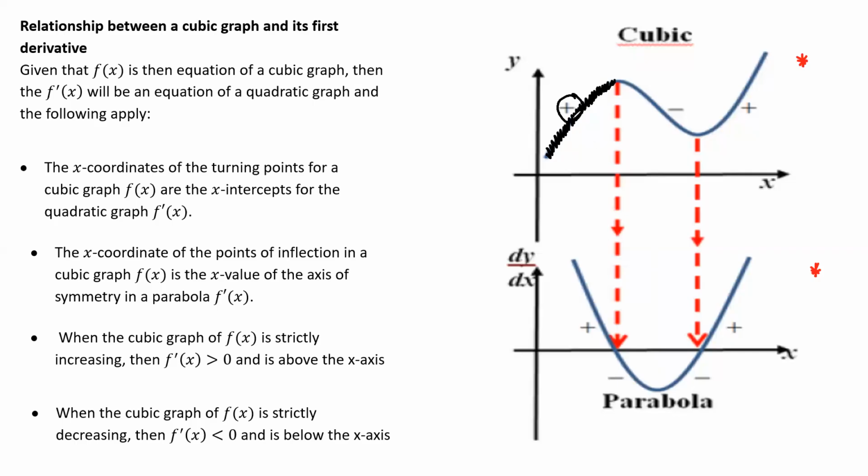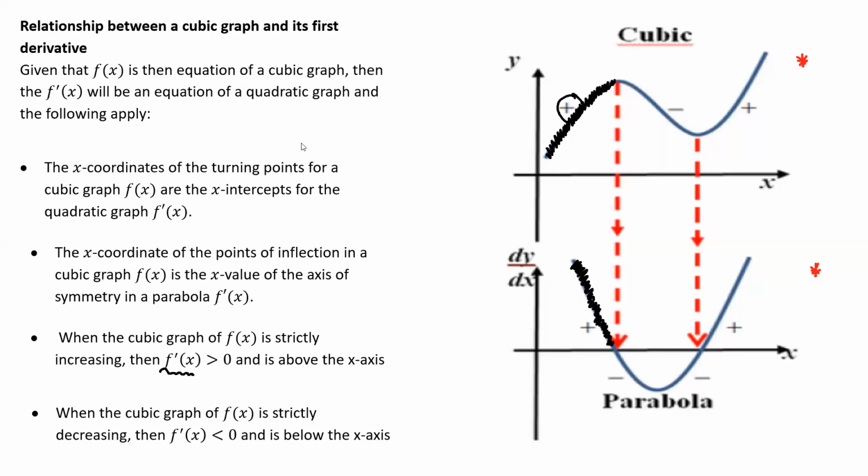Now, this portion where the gradient is greater than 0 will correspond to the part of the quadratic where the graph is above the x-axis. So whenever the gradient of the cubic, which is the derivative of f of x, is greater than 0, which means it is positive, then in the first derivative, it's going to be the part of the graph where it is above the x-axis.